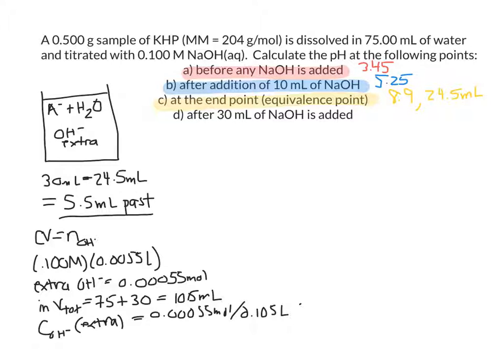And so I'm going to have an extra amount of OH minus that's equal to 0.00523 molar.